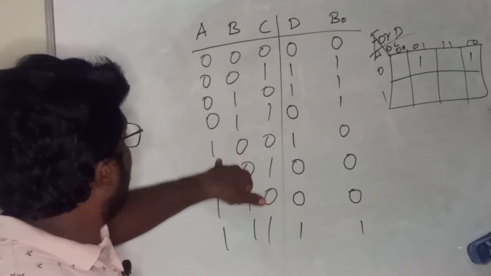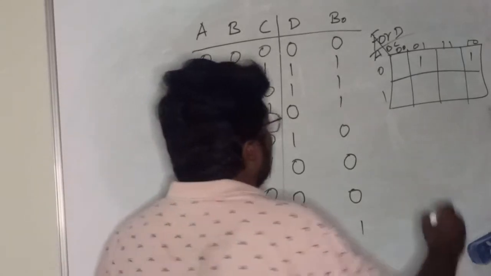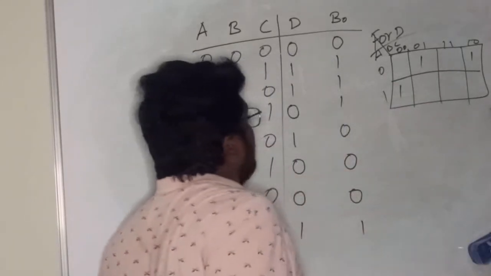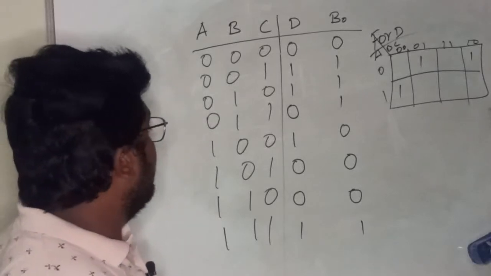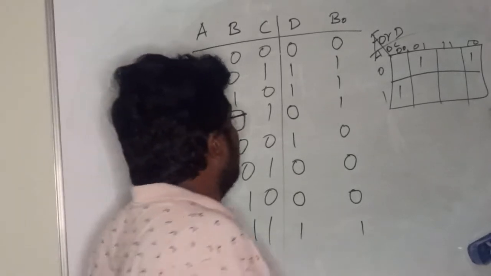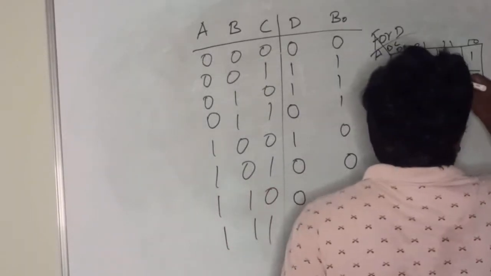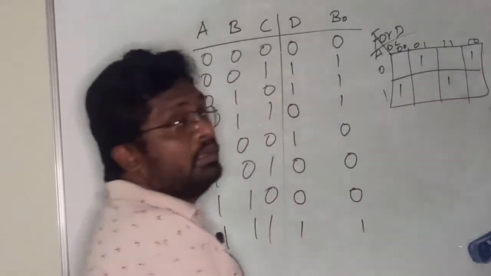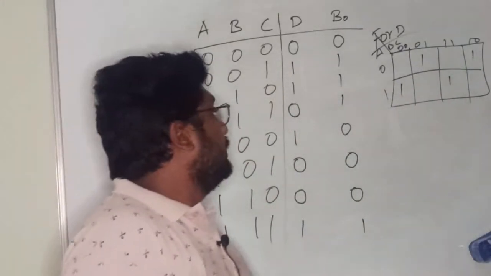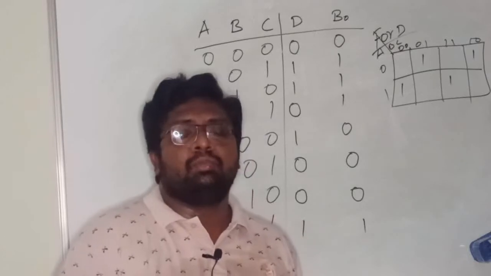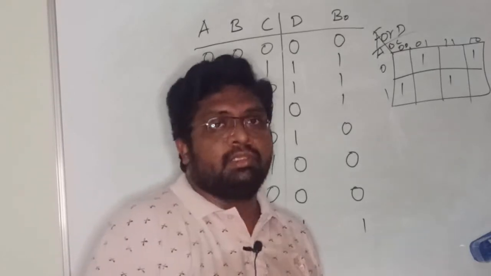When the inputs are 1, 0, 0, the difference is 1. When all inputs are 1s, then the difference is 1. So in this K-map, we are unable to group the minterms.